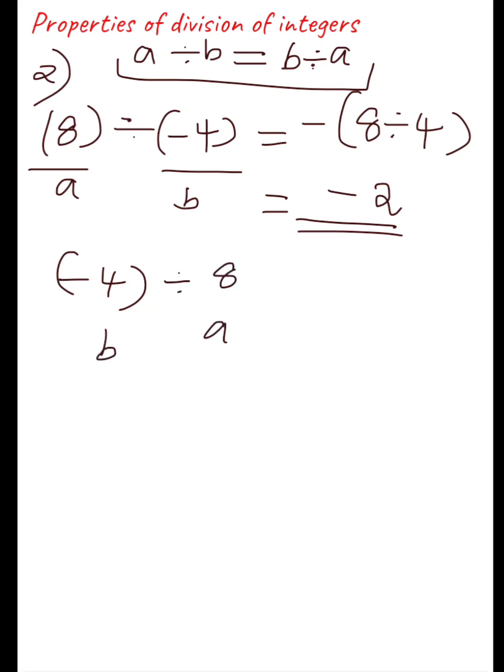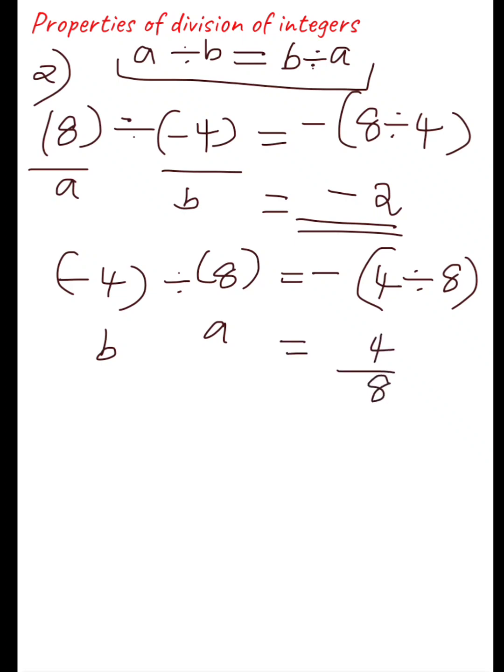You have to divide 4 by 8 and put the negative sign. So what is 4 divided by 8? In this way you will get minus 4 by 8.